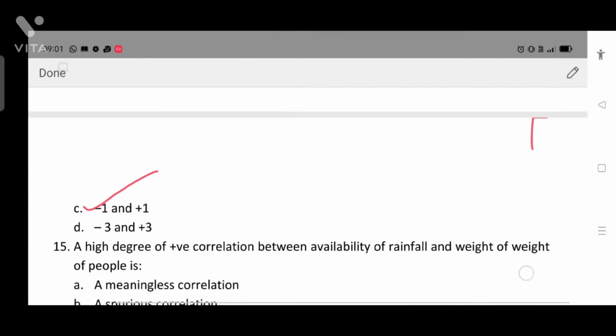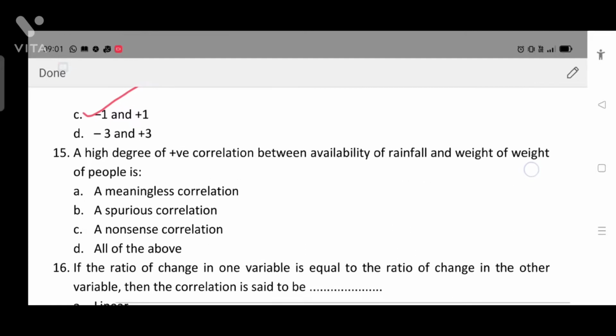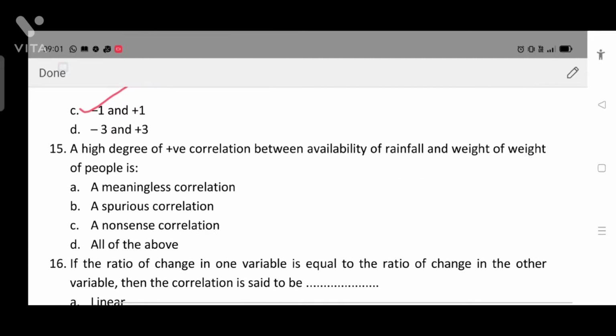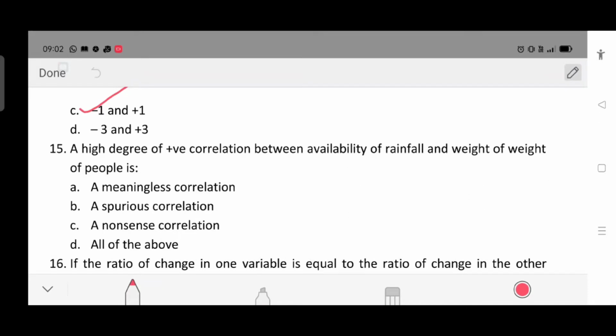Question 15. A high degree of positive correlation between the availability of rainfall and the weight of people is A, B, C, D. D is the answer. All of the above: a meaningless correlation, a spurious correlation, a nonsense correlation.